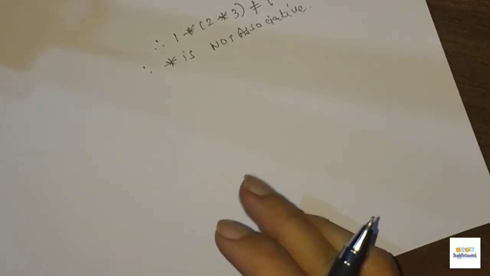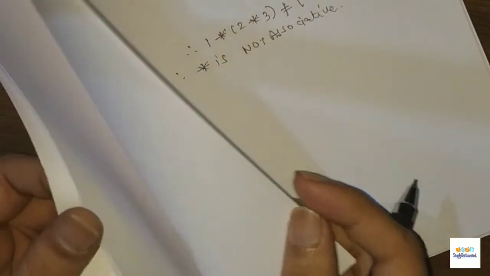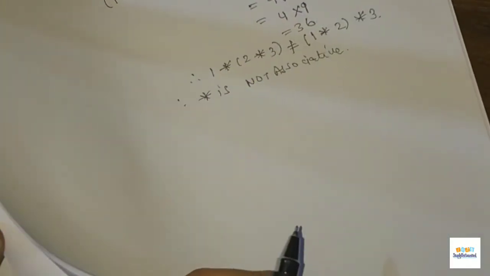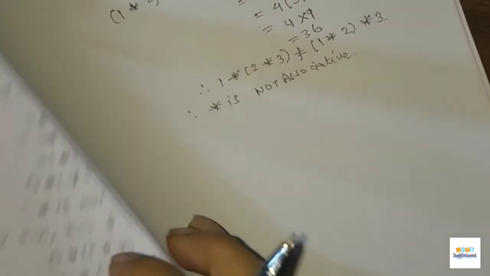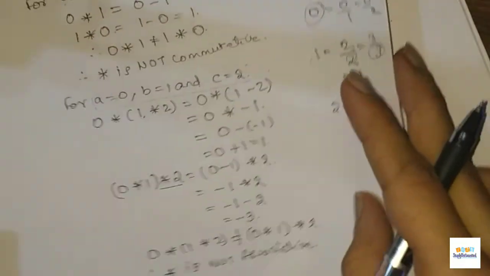Now they were asking to find which of the binary operations are commutative, associative. So let us check from the first what we have got. This was the first problem we solved.